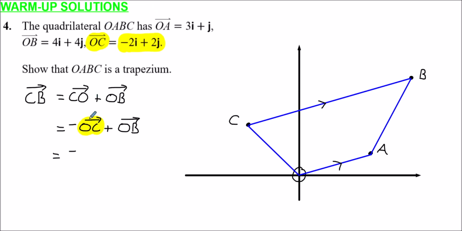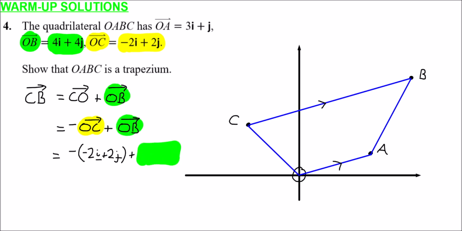And so minus OC is minus (-2I plus 2J). And then OB, we are told OB is 4I plus 4J. So we can just add on 4i plus 4j.